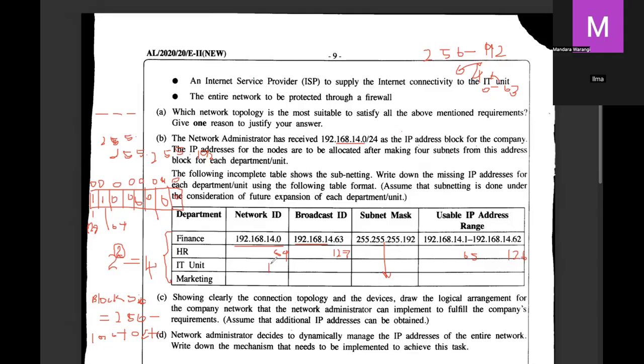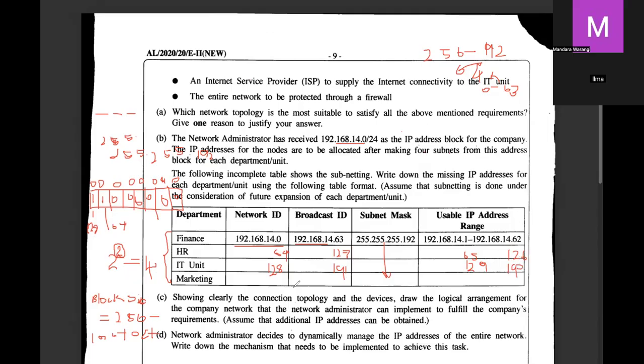Then from 128 to 191, the usable range is from 129 to 190, right?